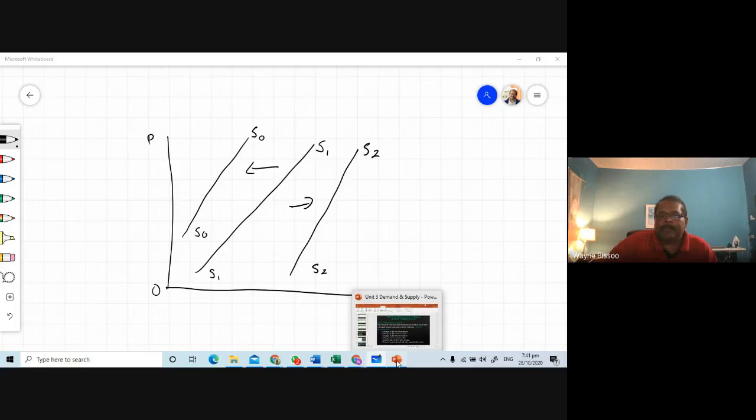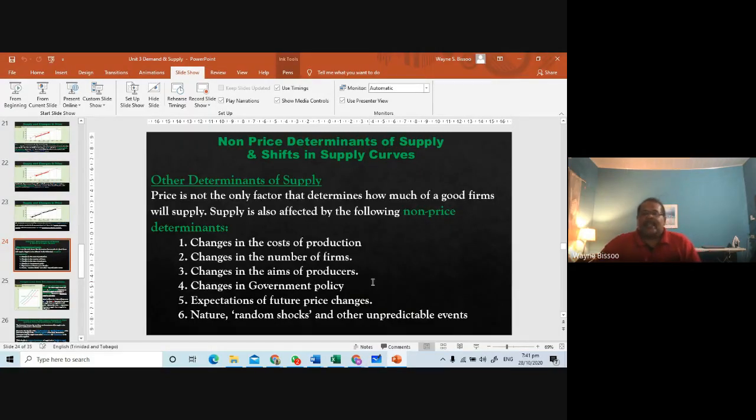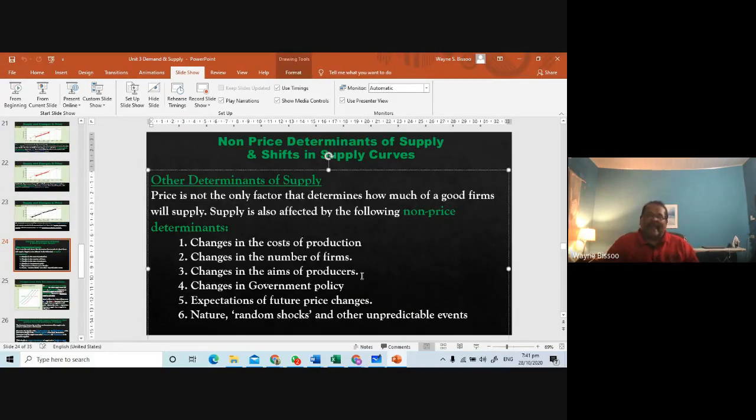Yes, sir. So changes in the aims of producers can affect your supply curve. Same way, if suppliers want to cut costs or if they want to increase output, those are the aims and goals. Again, changes in government policy can also impact that.